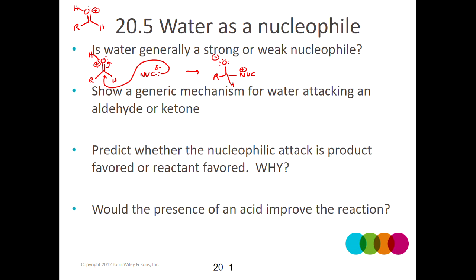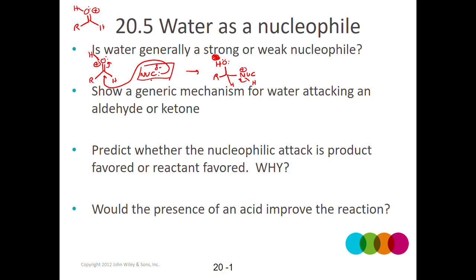And when the attack does occur and electrons swing up, this oxygen would already be protonated, so it wouldn't have a negative. And so that would be much more reasonable. Now the nucleophile would probably also have a proton which could be removed to bring electrons in and balance its charge. So there's a couple different ways this can go down. The main thing it depends on is the strength of the nucleophile.